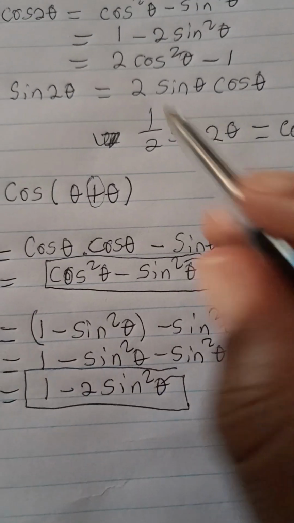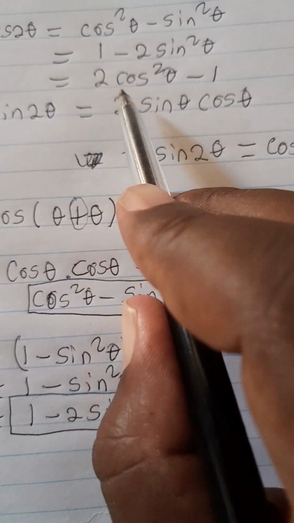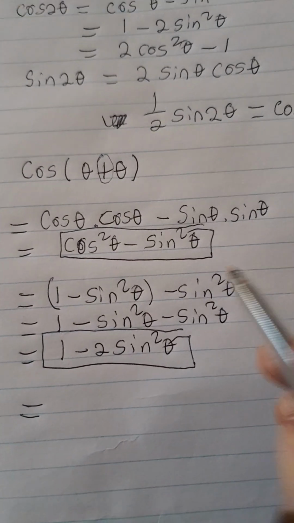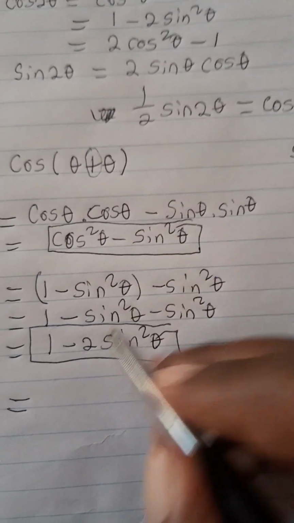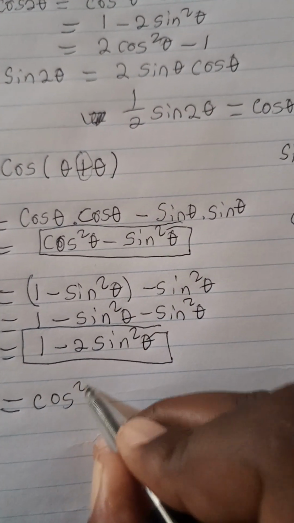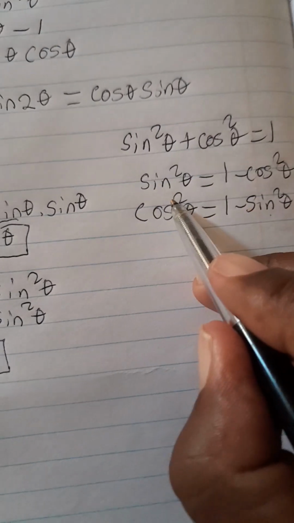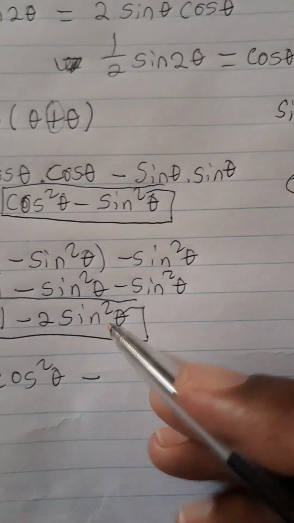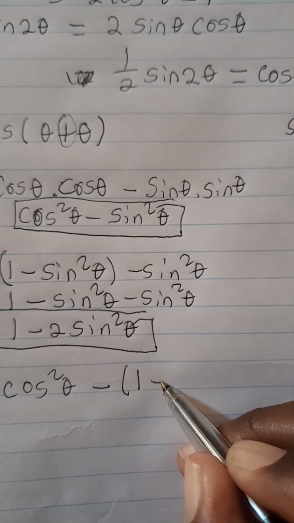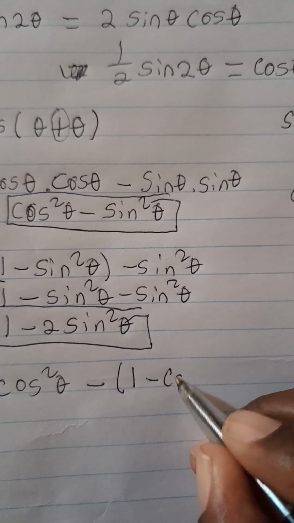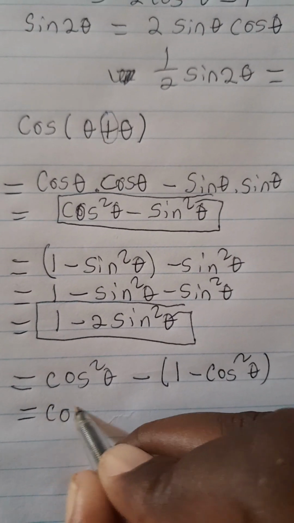So what about the third one? The third one is 2 cos squared theta minus 1. To get the third one, we will now change sine. So this will be cos squared theta. Remember, I told you that whenever you have sine squared, you replace it with 1 minus cos squared. So this will be 1 minus cos squared. Let's get rid of the brackets there.